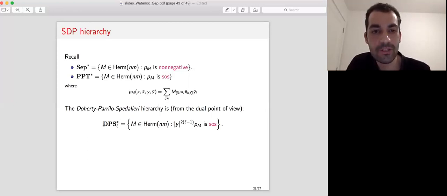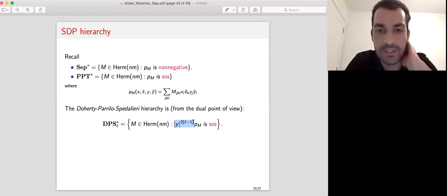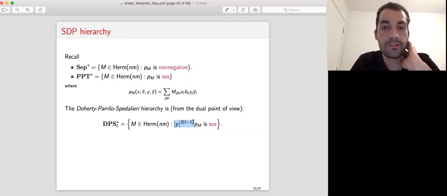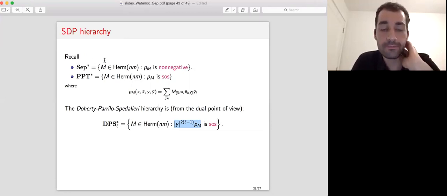You can define the dual of DPS as the set of polynomials P_m that can be written as a certain sum of squares divided by the square of the Euclidean norm of y, to the power 2 times (L minus 1). Clearly, if this is a sum of squares, then P_m has to be non-negative. So this means that DPS_L star is included in SEP star.